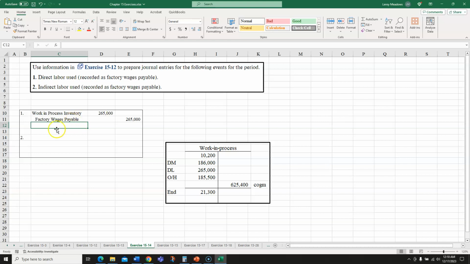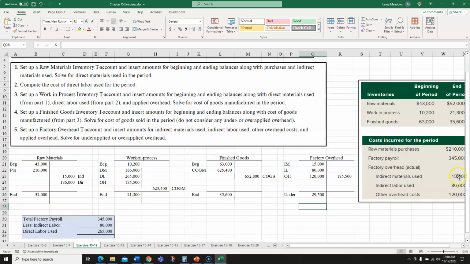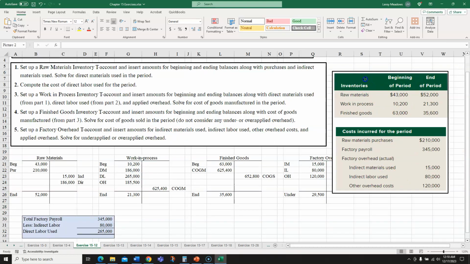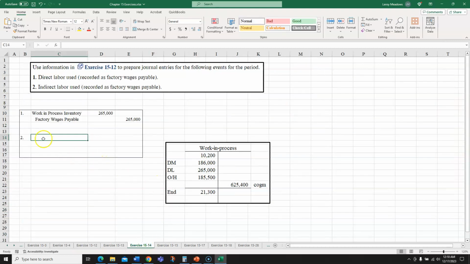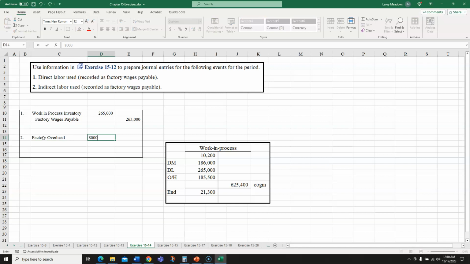Now, for number 2, let's go back and take a look here. We were told that indirect labor was $80,000. So, where are we going to accumulate indirect costs? Factory overhead. So I'm going to debit factory overhead for $80,000.